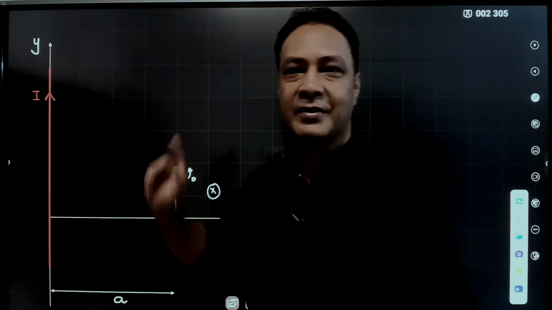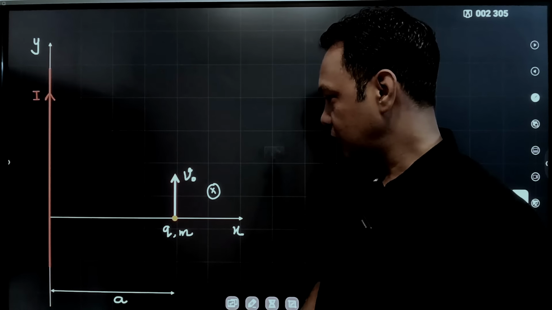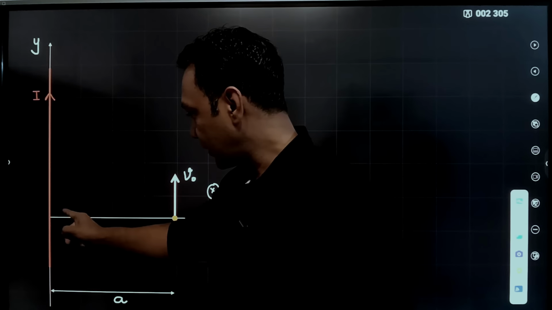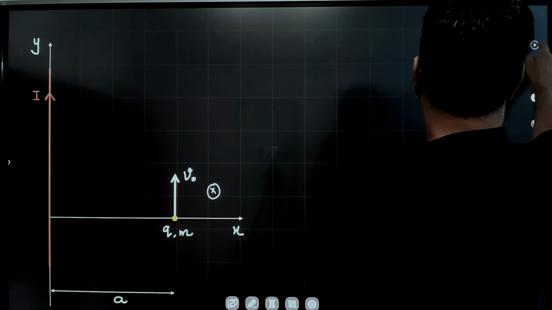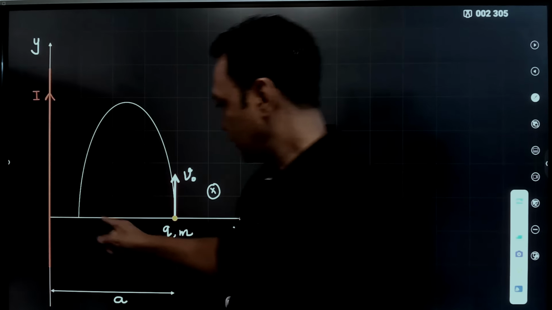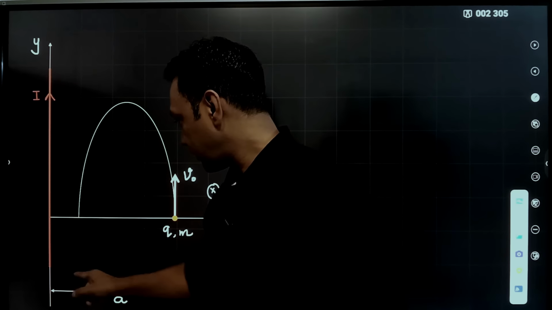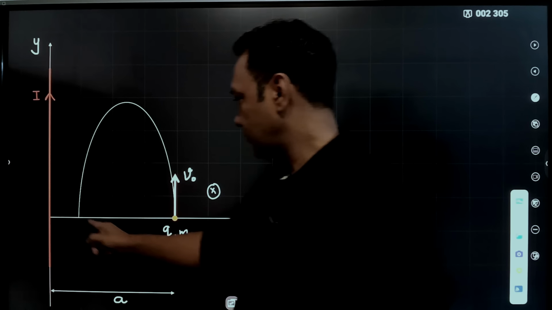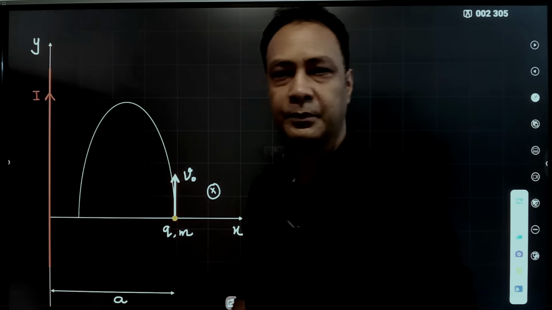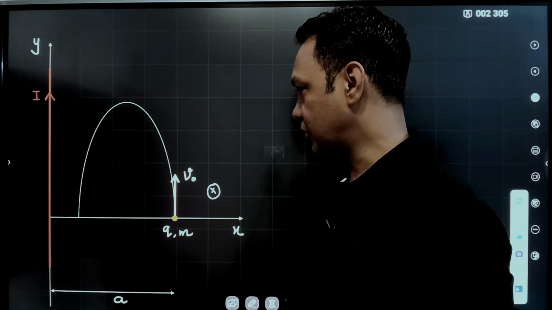I am not interested right now in the exact path, but it will move towards the wire, and following this path like this, this is the point where it will turn back. The velocity was that, and the velocity here is turned back. The direction of velocity has changed.